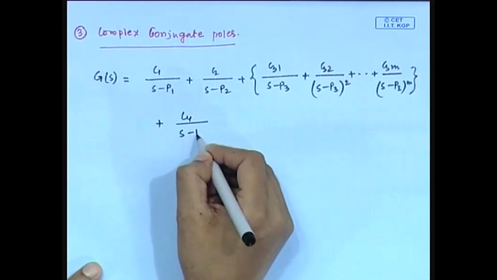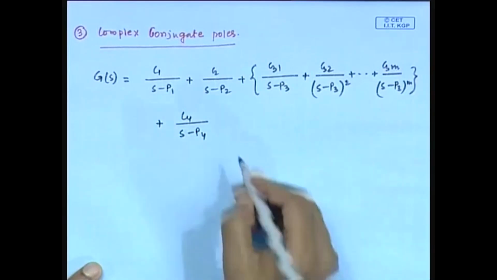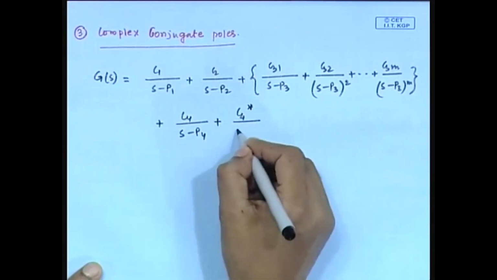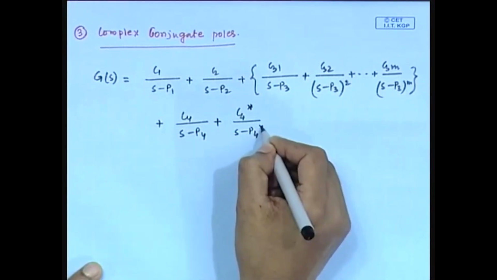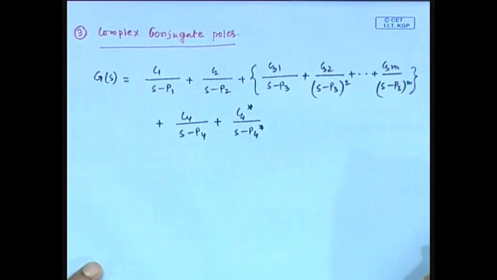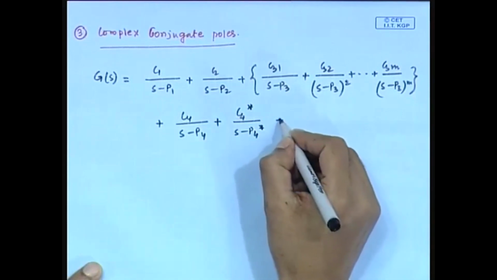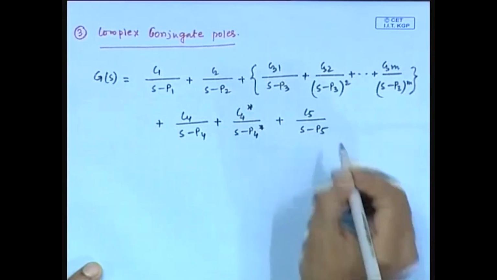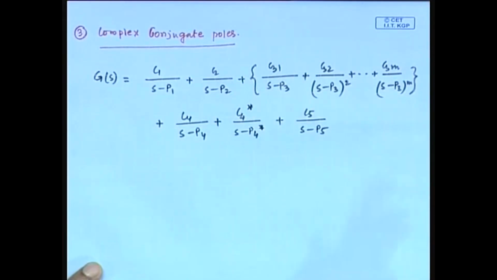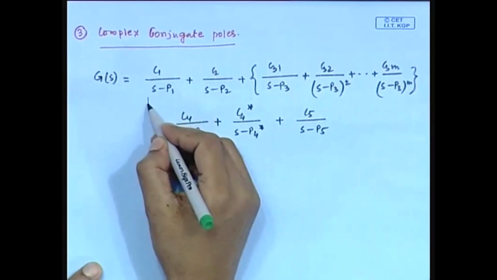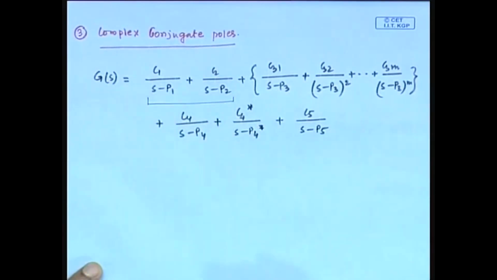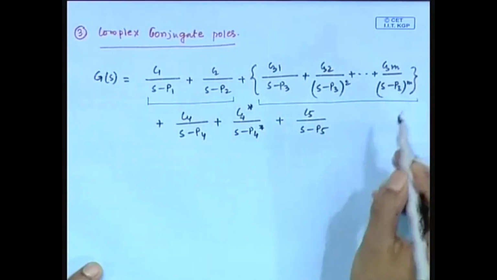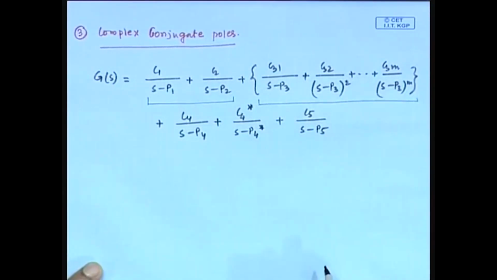Now, we will consider this part, C4 divided by s minus P4 and C4 star divided by s minus P4 star, and in the fourth case we will consider C5 divided by s minus P5. This we have already considered for the distinct two real poles. This part we have considered for multiple real poles.